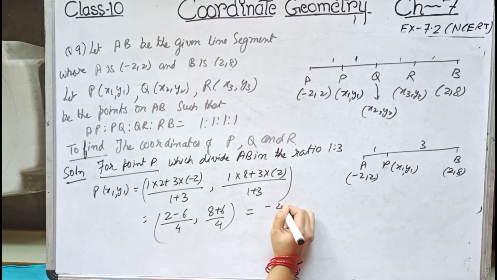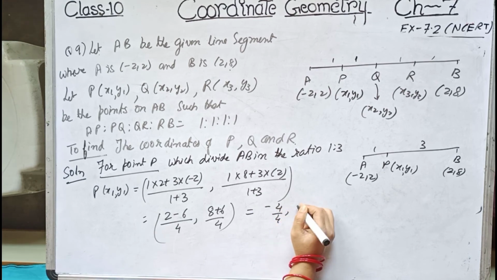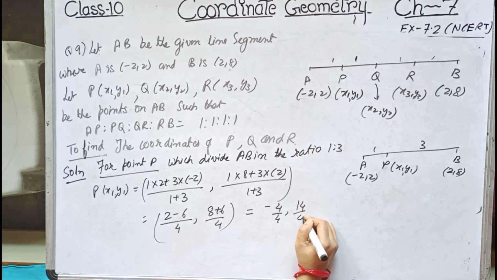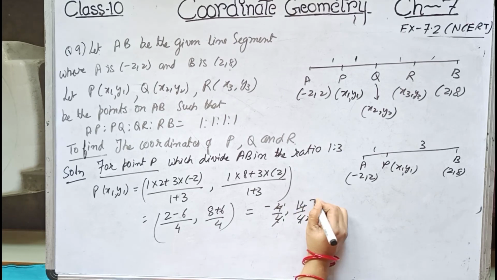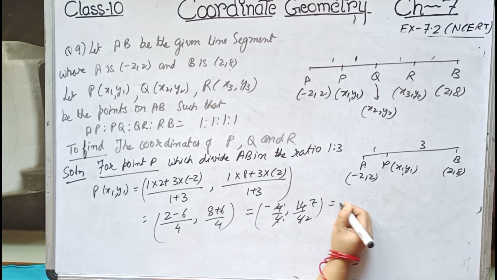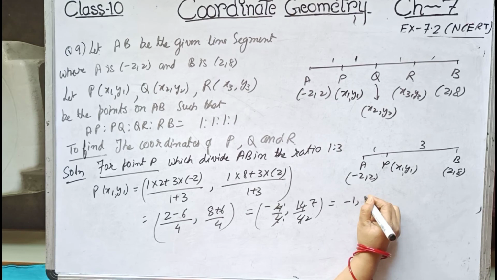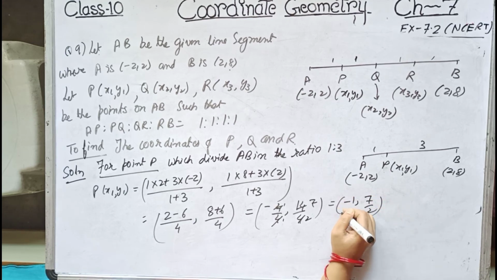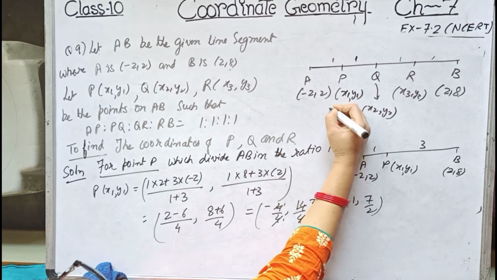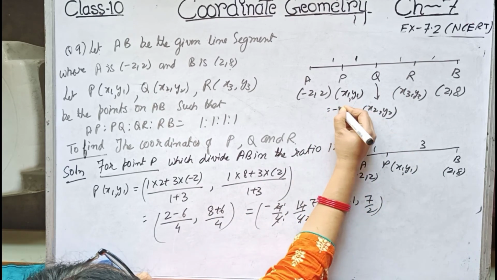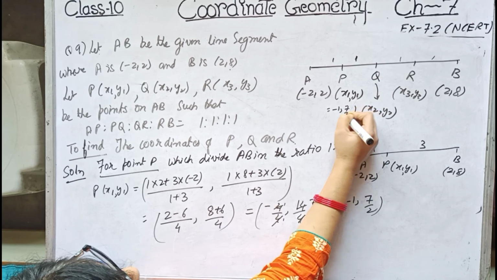So this will be equal to -4 by 4, and 8 and 6 is 14 by 4. Over here cancel, 1, 1, 2 2s are 2, 7 2s are 14. So this will be equal to (-1, 7/2). So one coordinate we have got as -1, 7 by 2.